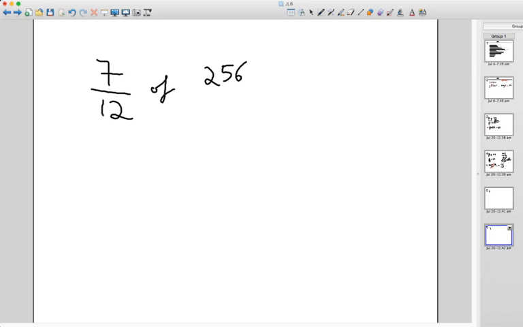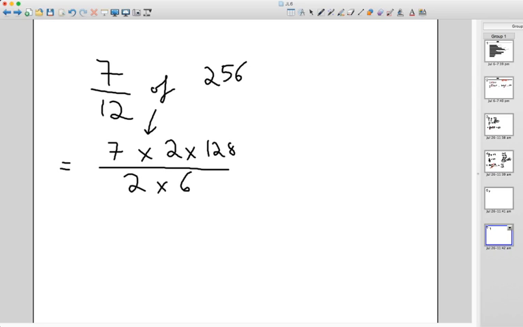Okay, we should know, if I put this like this, 7 times, because "of" means times. 12 is 2 times 6. We should be in agreement with that on the denominator. And then 256, that's going to be 2 times 128. I've done that just by halving 256.